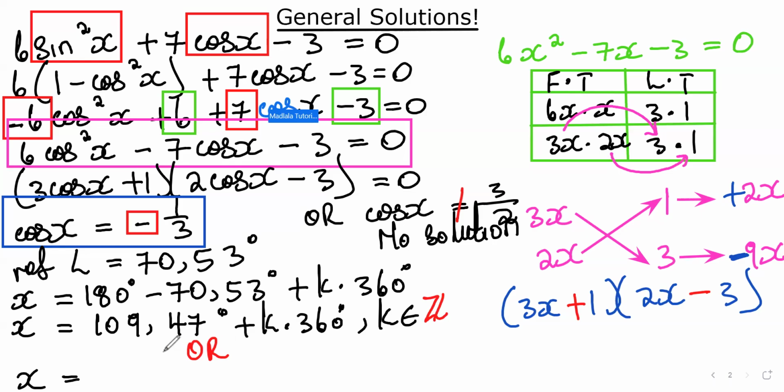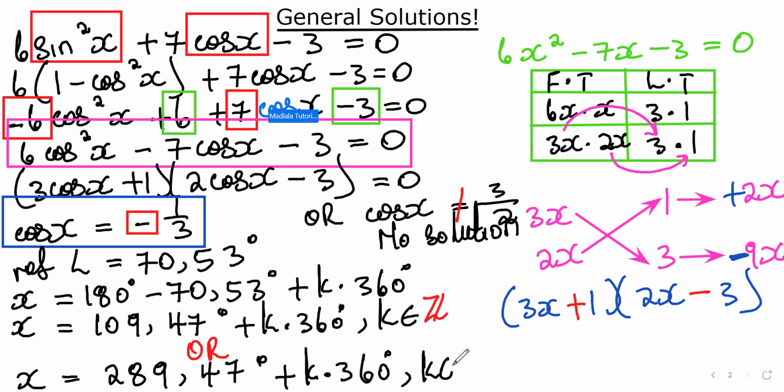But when you say 360 minus 70.53, you simply get 289.47 degrees. And then, of course, you have k times 360, where k is an element of z. And you should be happy for this one, and you get all your marks.